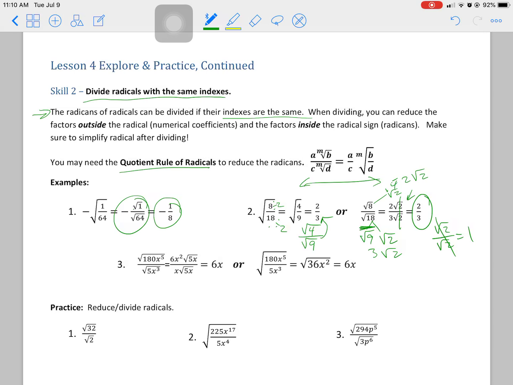You're given the radicals apart from each other. So you can simplify: 180 is 36 times 5. So that's 6, and then take the 2x and 1x.